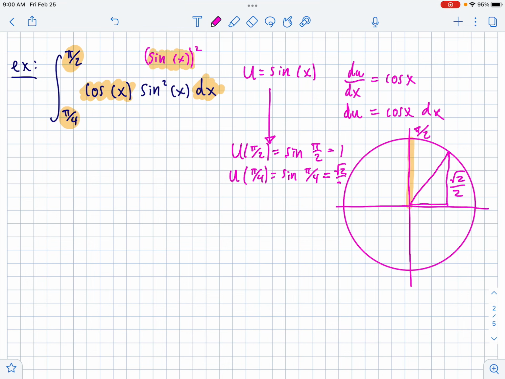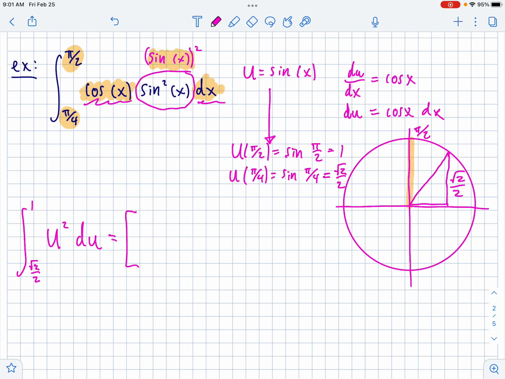So there's our new limits, our new start and stop points. So if I go to rewrite this whole integral, the top is now 1, and the bottom is root 2 over 2. The cosine x dx just becomes du, and this whole part right here is just u squared. So this becomes u squared du.